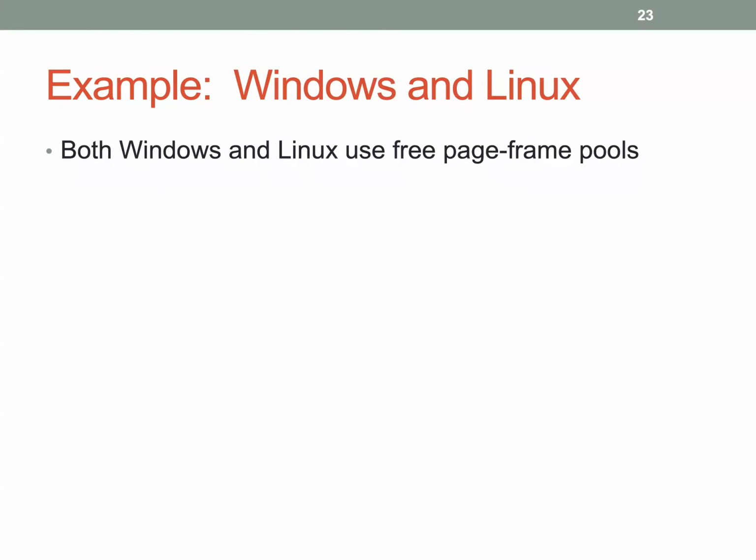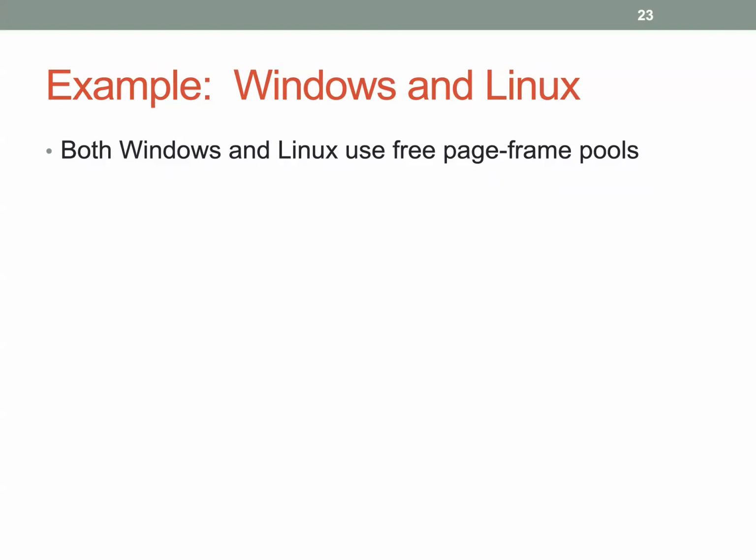But it's a clever mechanism to make sure that when a fault occurs, you basically never have to evict the old contents because they're already clean. You only have to do the load, and you get to take that frame away virtually instantaneously. So that's one of the reasons free page frame pools are great.